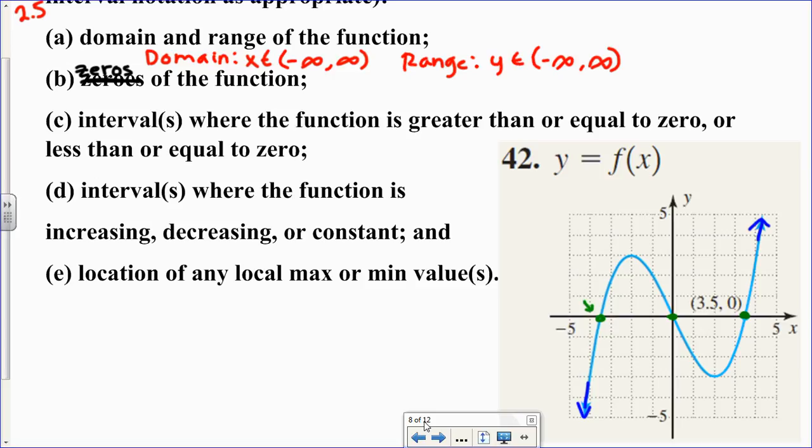It doesn't tell us, so we just can assume, since this one's 3.5, that this can be a 0.5 as well, and that would be negative 3.5. So zeros are points, so write these as ordered pairs. Okay, I have 3 of them.